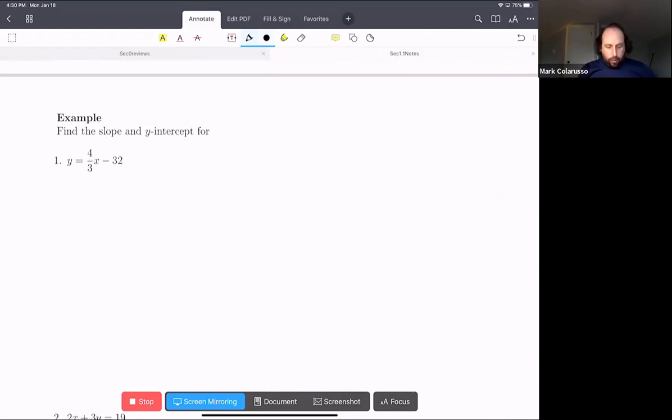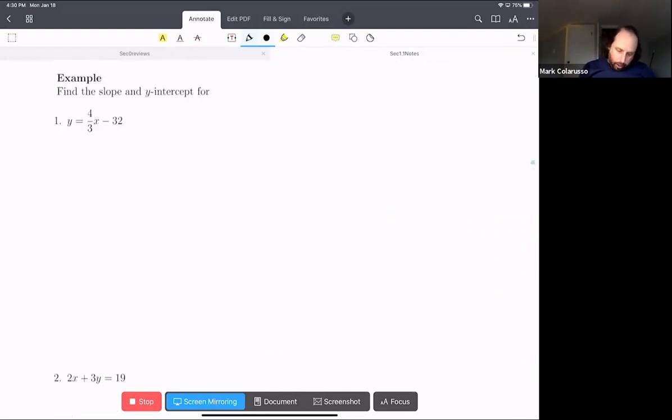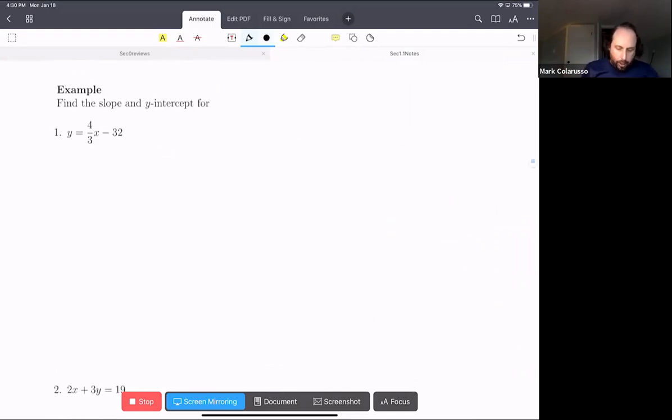So examples. Find the slope and the y-intercept for the following lines. This one's really easy because this equation is already in slope-intercept form.